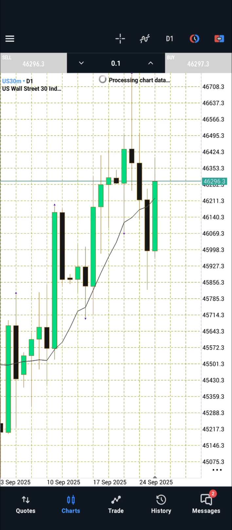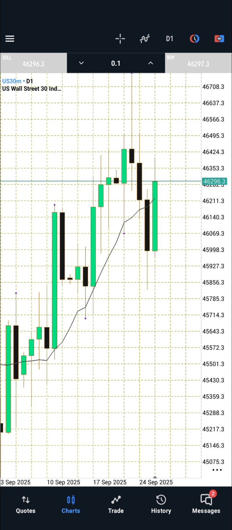Now the daily time frame here, some might say we've been having a 3-day sell, and this is just a retest to continue the sell. Yes, you can actually be right, but when we look at the total happening, we can see that the market is bullish, and it has been bullish.